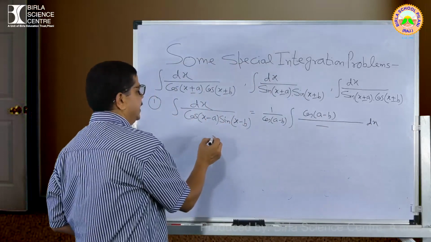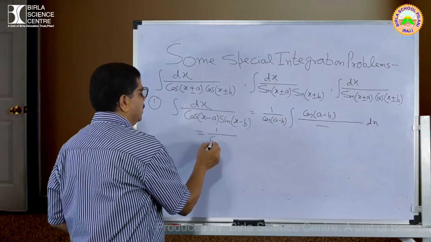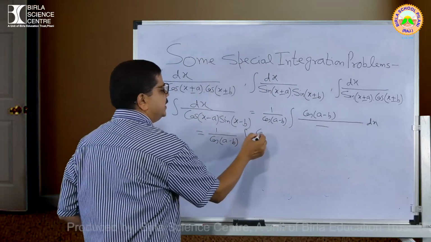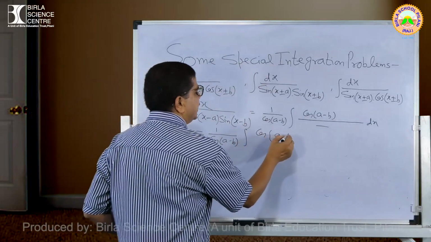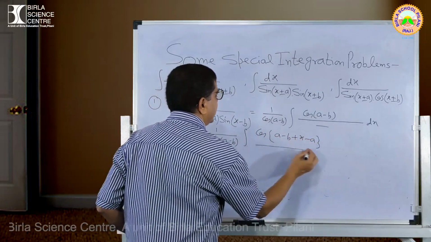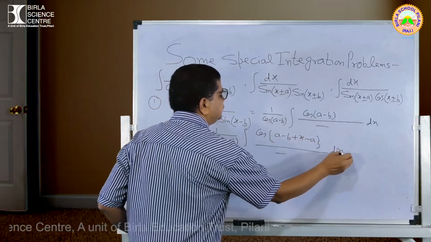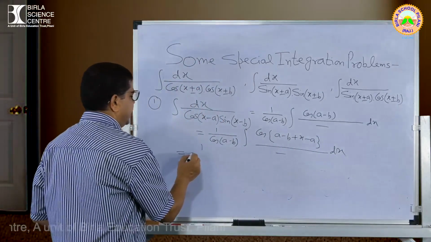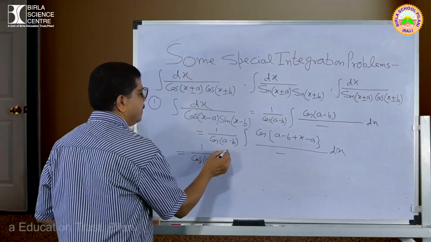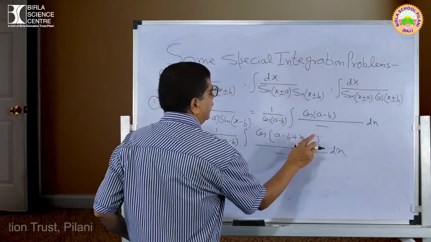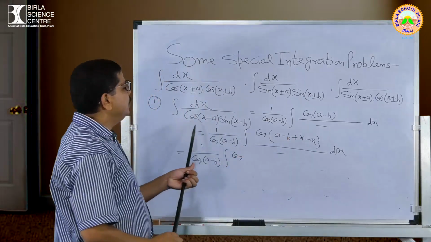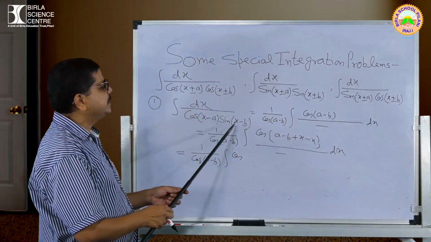I am not writing it again and again. 1 upon cos(a minus b). Again the same procedure. We will write plus x minus x upon the denominator, so that it will come 1 upon cos(a minus b) integral cos of, now in the denominator it is x minus a, x minus b.